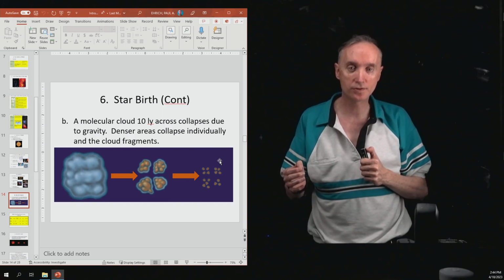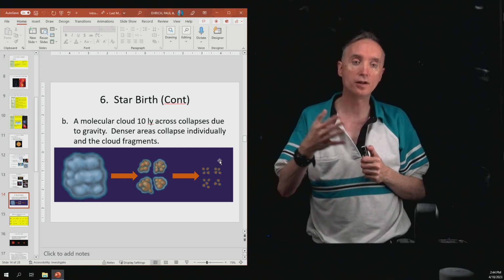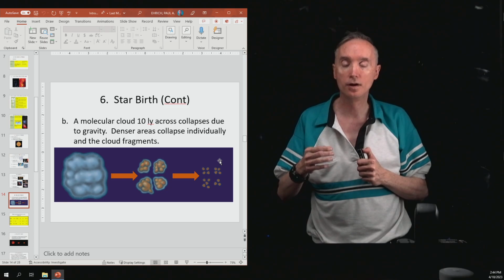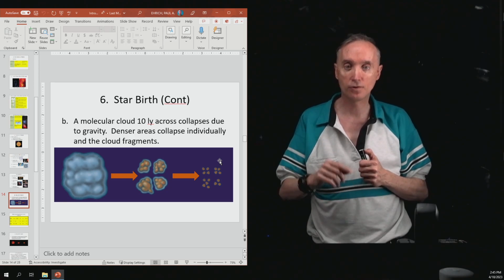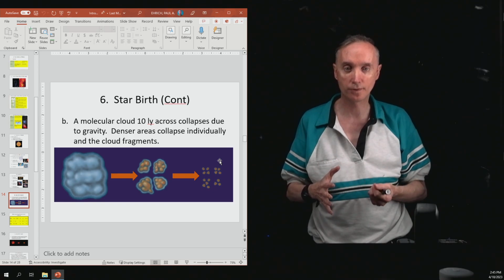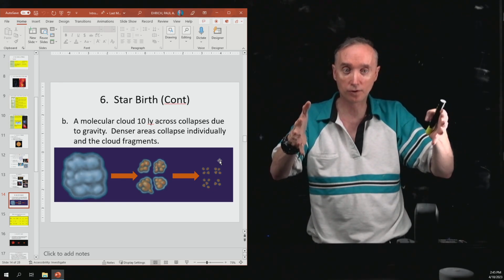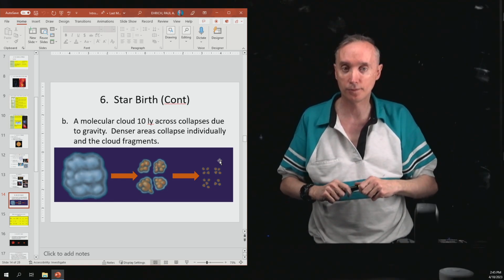The distance from our sun to our closest star, Alpha Centauri, is going to be about 4 light years, which is about 10,000 astronomical units. So this thing is going to be 10 light years in diameter. The original cloud that is going to form stars is going to be about 10 light years in diameter.